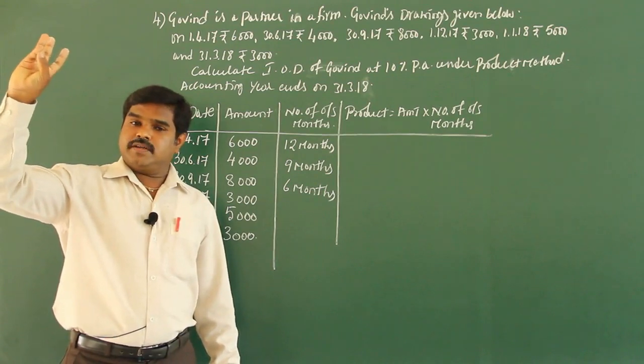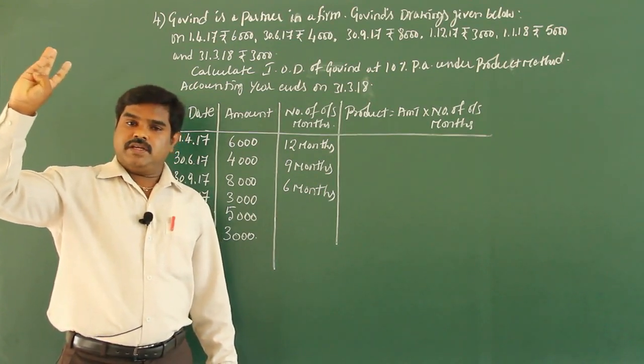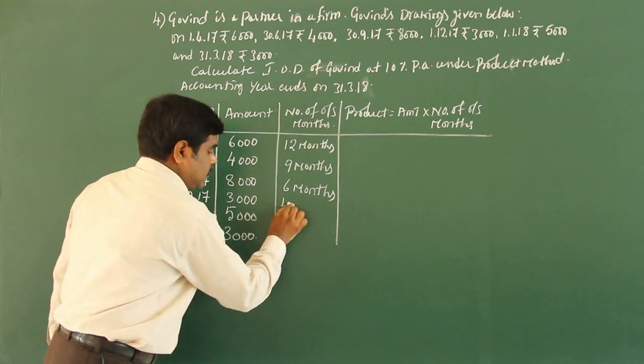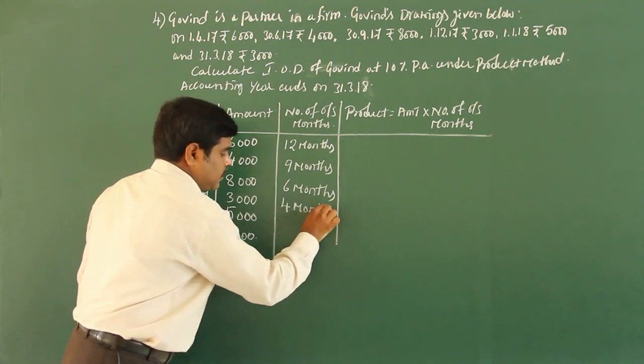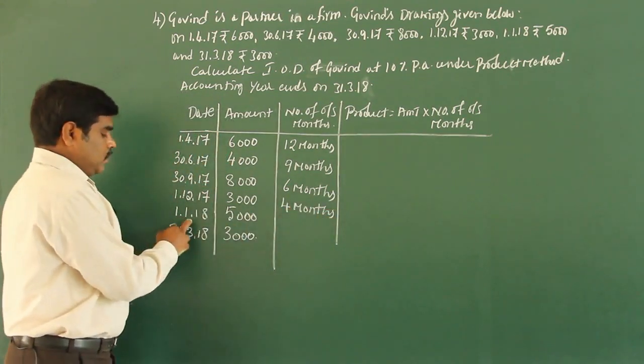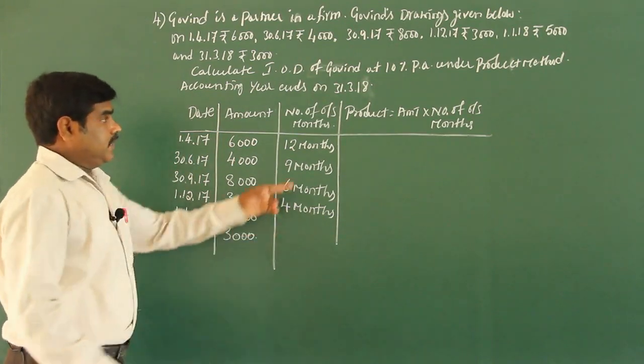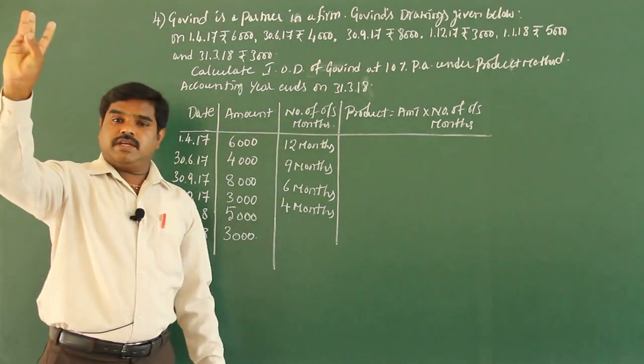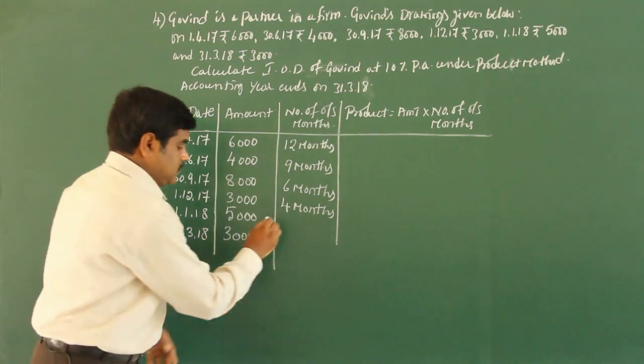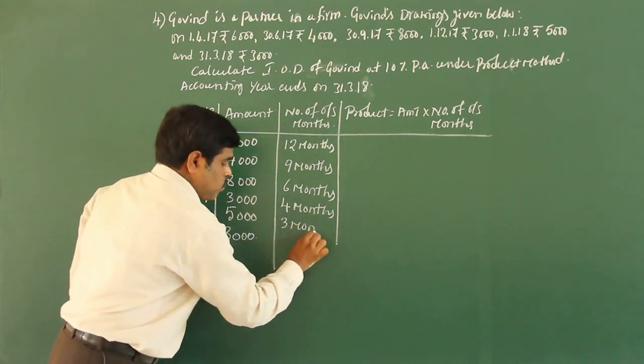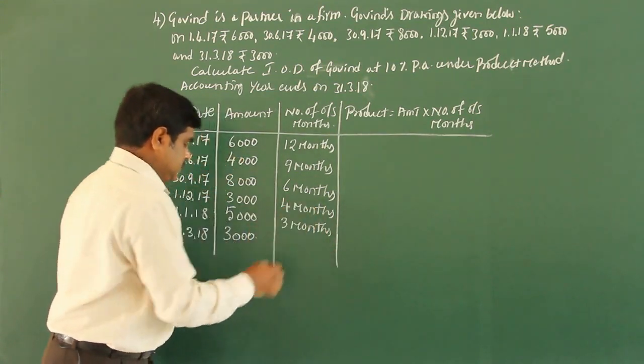Therefore December, January, February, March. So you are getting 4 months. Outstanding period 4 months. Next, 1/1/2018 to 31st March: January, February, March. So 3 months. Outstanding period is 3 months.